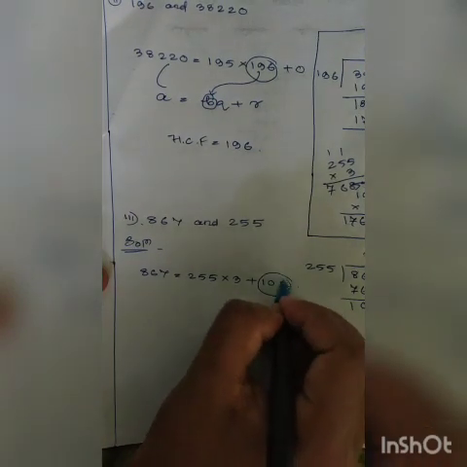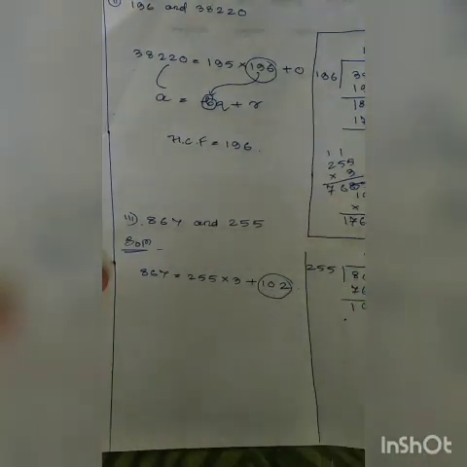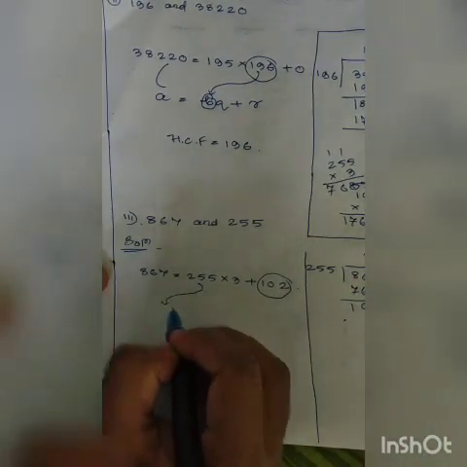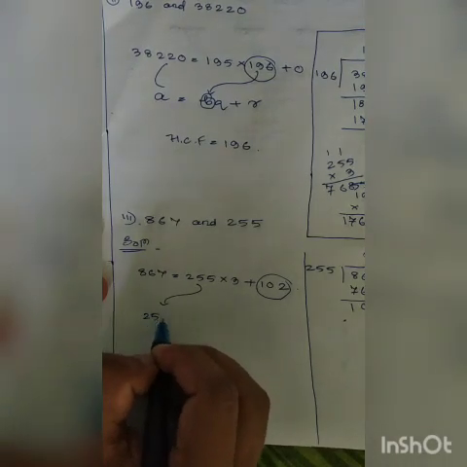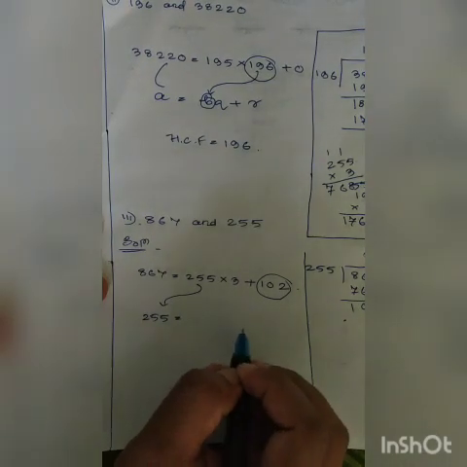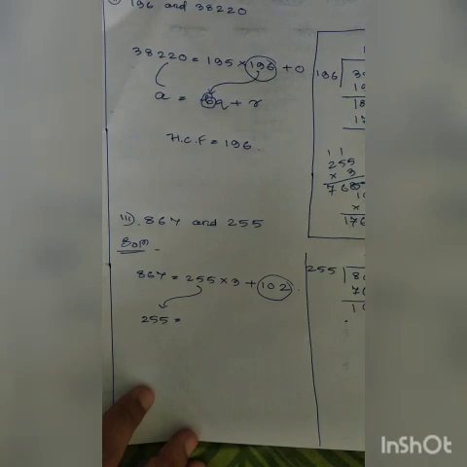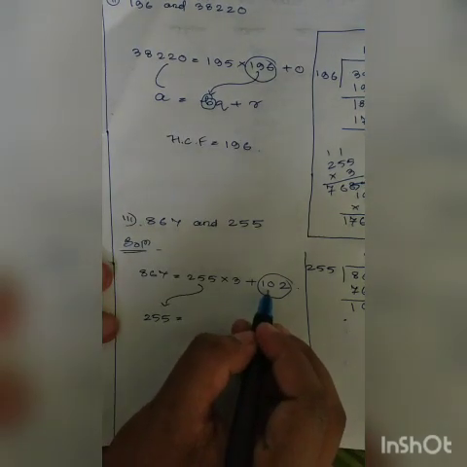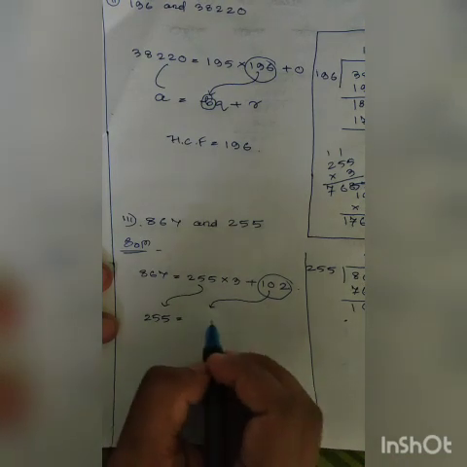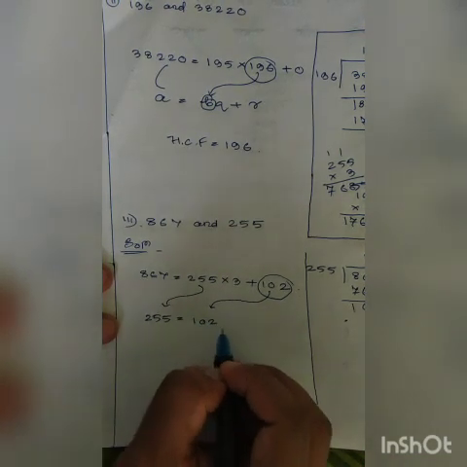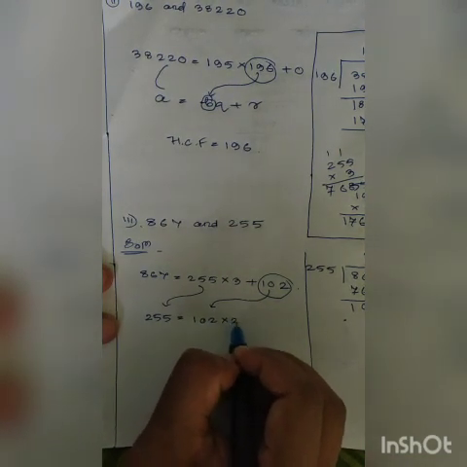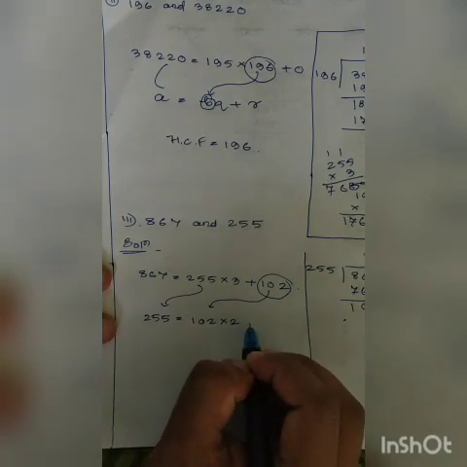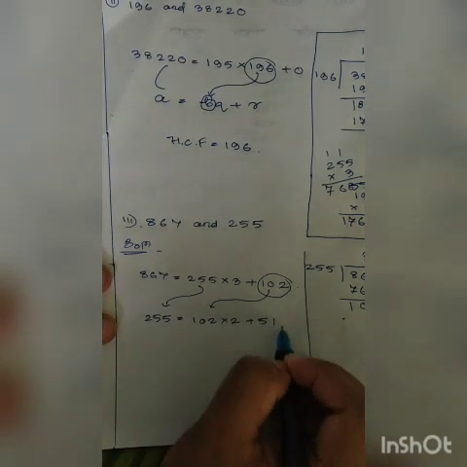As we have a remainder here, we have to repeat the whole thing and apply Euclid's lemma again. 255 will come at the dividend end and 102 will be the divisor now. 102 multiplied by 2 is 204 and 51 will be the remainder.